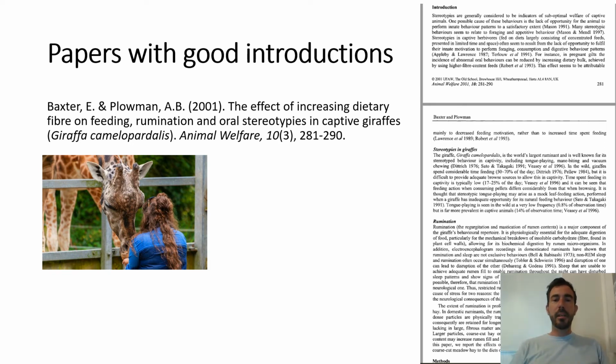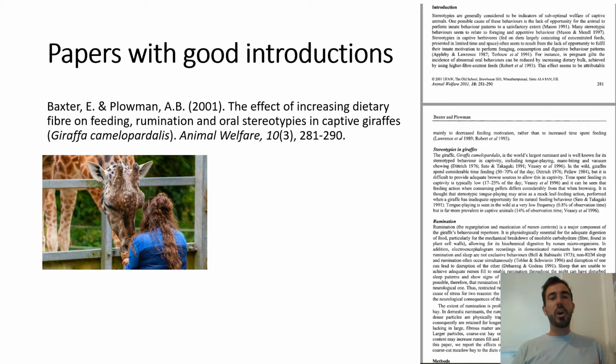It then becomes specific to the giraffe, why the giraffe performs these oral stereotypic behaviours, and why we have a problem with giraffe welfare. It then becomes even more specific by explaining that a way of improving giraffe welfare is to promote rumination, and we can only promote rumination by changing the diet.